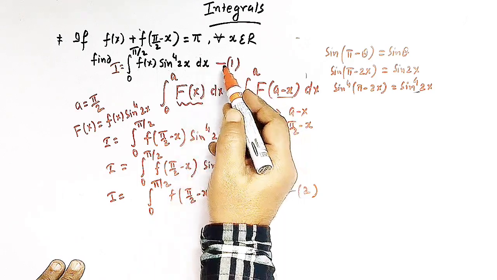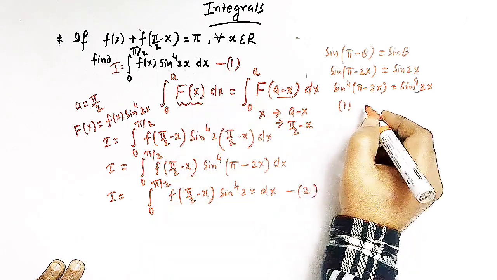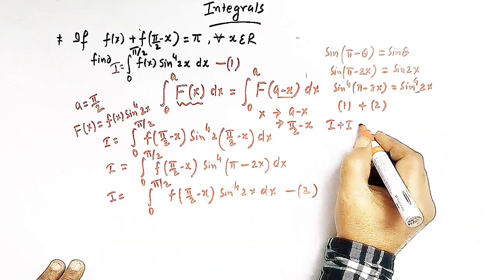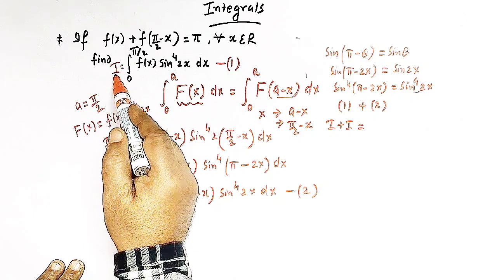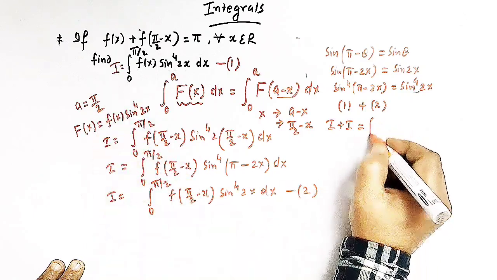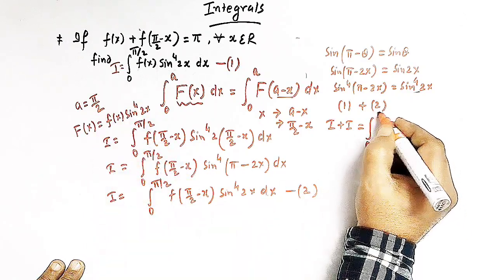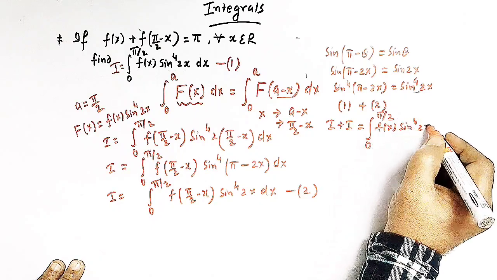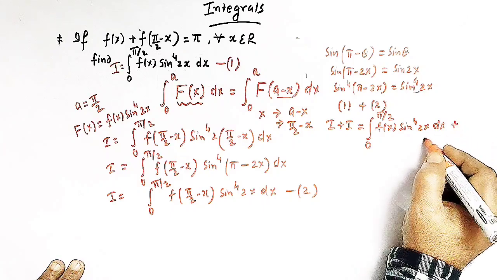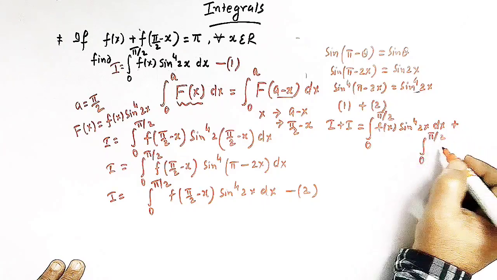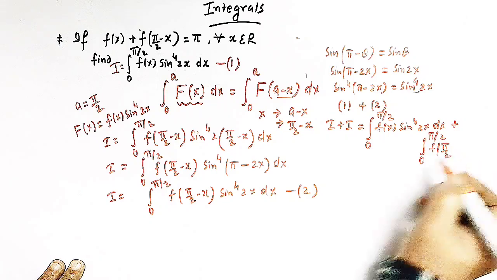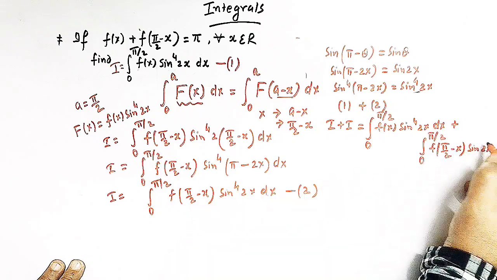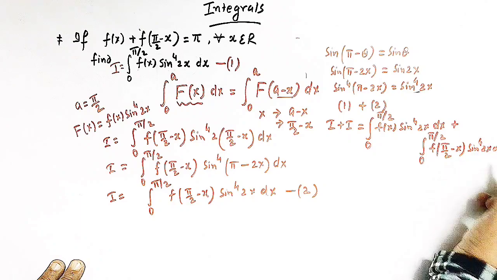So now let us add equation 1 and 2. So when we add equation 1 and 2, in the left hand side we have I plus I, and in the right hand side we have 0 to pi by 2 f of x sine 4 2x dx, and here we have 0 to pi by 2, and f of pi by 2 minus x, and then we have sine 2x, and here we have the exponent 4, right?